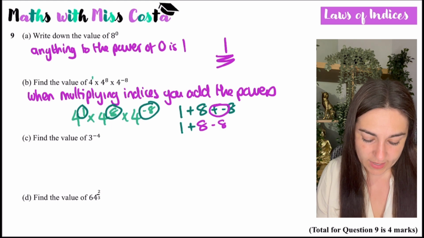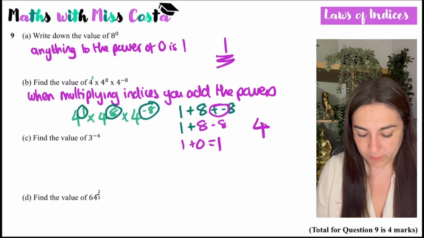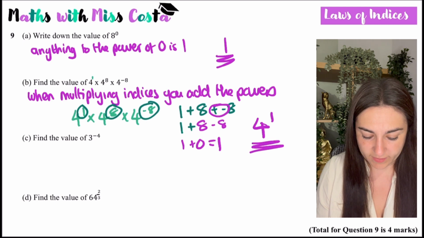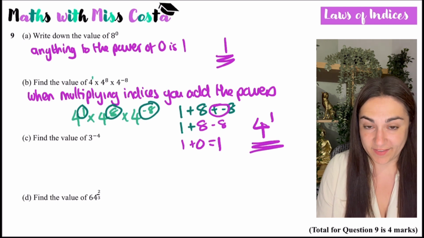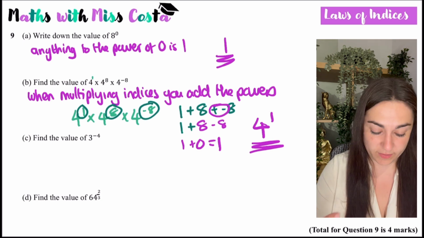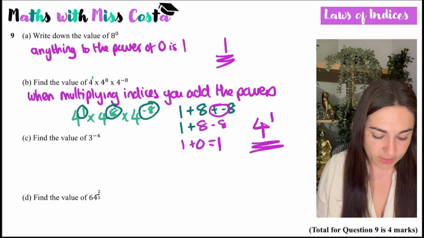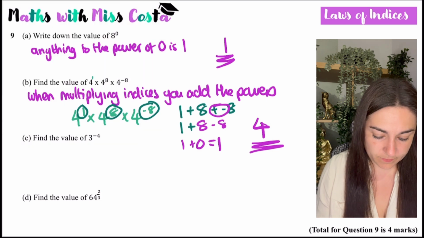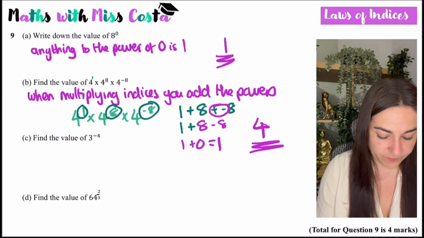So 8 minus 8 is 0, 1 plus 0 is 1, so therefore that would become 4 to the power of 1. So you've added all the indices together and they come to 1. And it says find the value, so either you write 4 to the power of 1 or just 4. Actually, the value would just be 4.